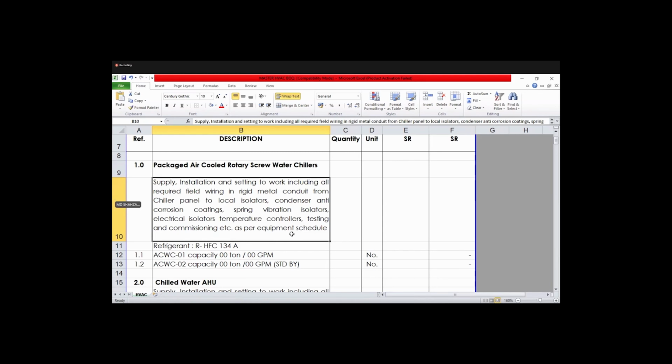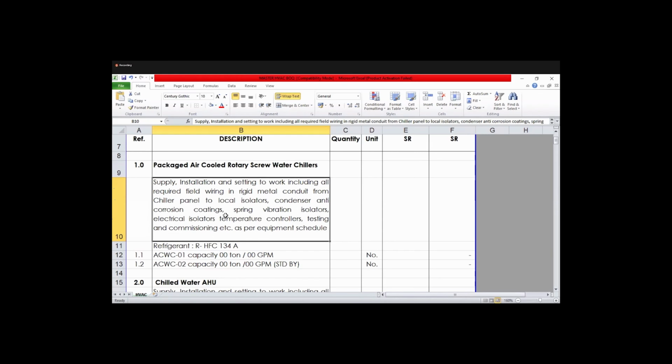So it basically tells us as per the schedule, what it should include: each and everything of the panel, like the wiring, the cabling part, the power supply to the chiller panel, and the isolators also, the condenser anti-corrosion coating.